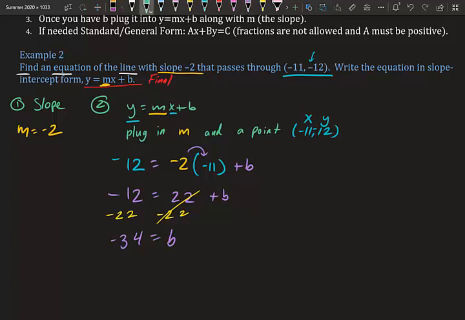Now our third step, we're going to plug in m and b into y equals mx plus b.